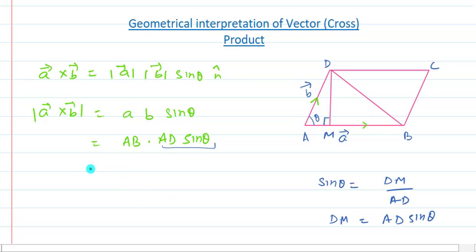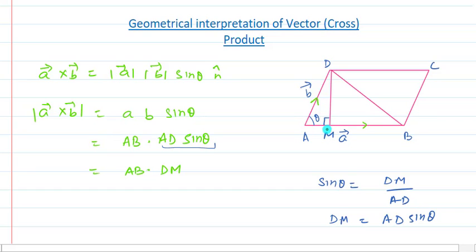We are getting AB into DM. Now if you look at this parallelogram ABCD, and you need to find the area of this parallelogram, then you know very well that the area of a parallelogram is simply base into height.